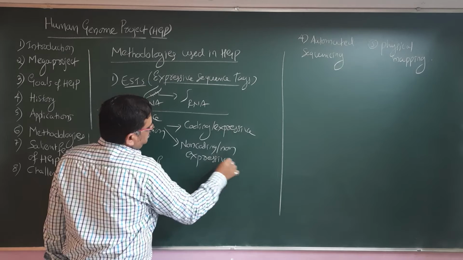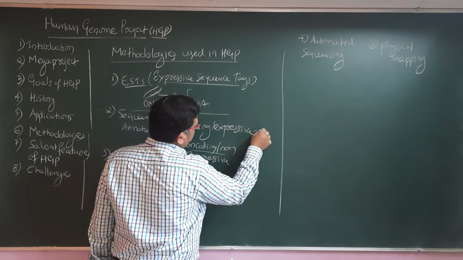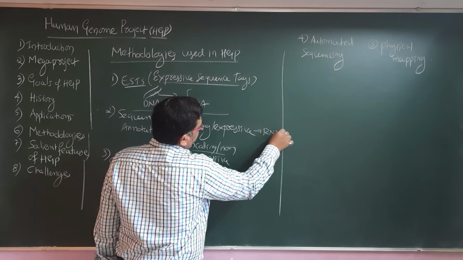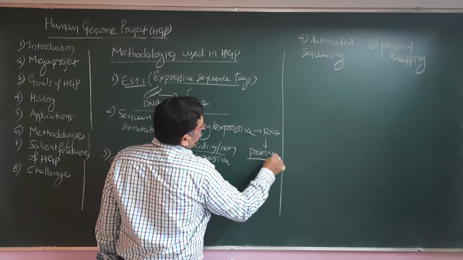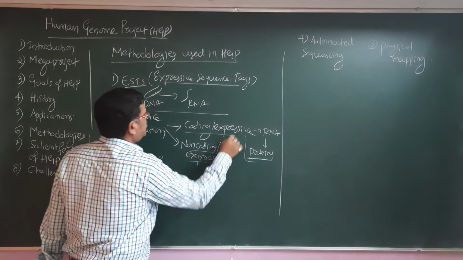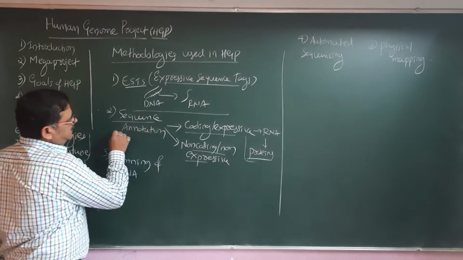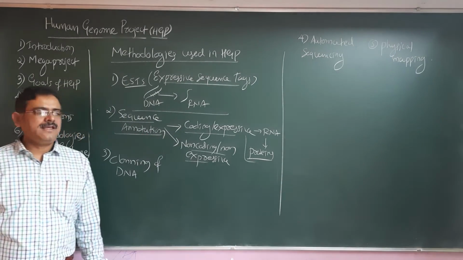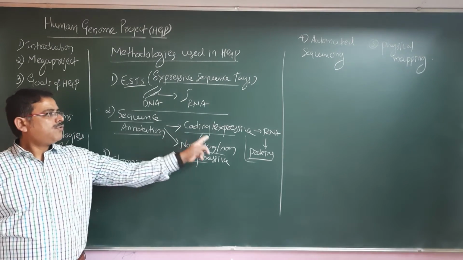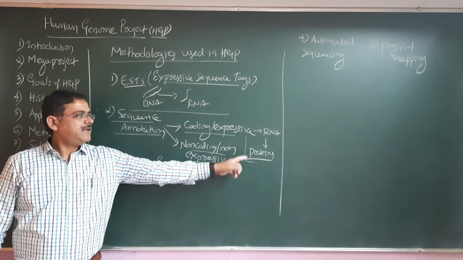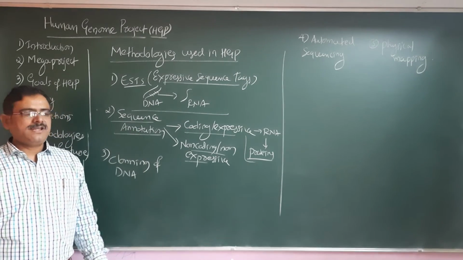That means the coding ones are expressed in the form of RNA, and RNA will form the proteins, right? So when you study the entire DNA, we do the sequence annotation of which sequences are coding, expressing themselves as RNA, and then forming the protein. This is what we call sequence annotation.